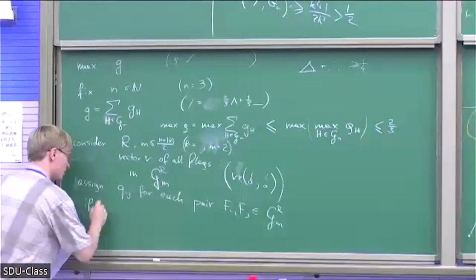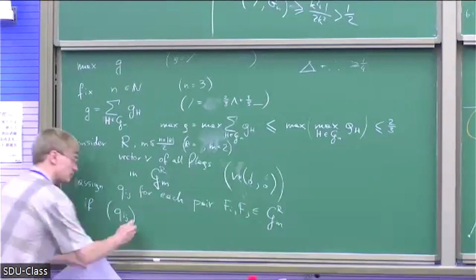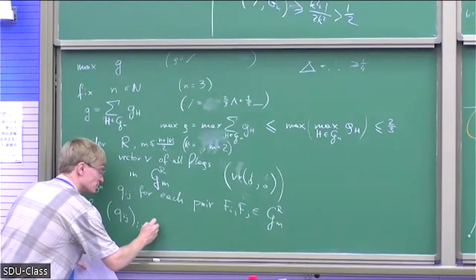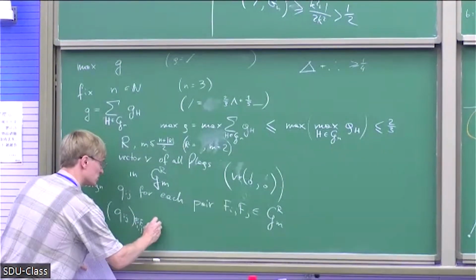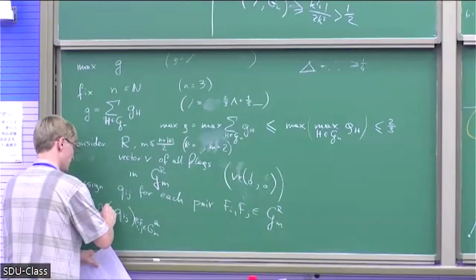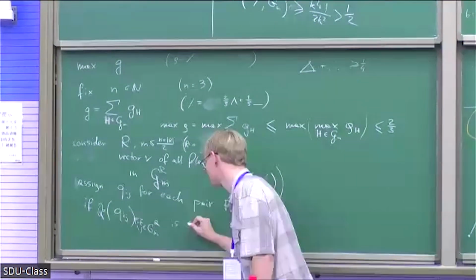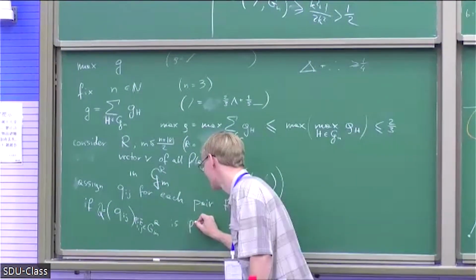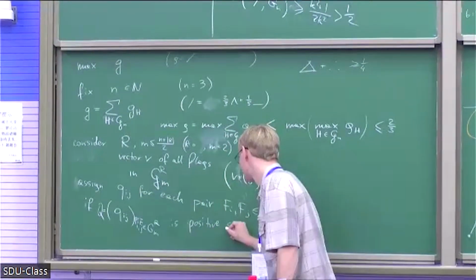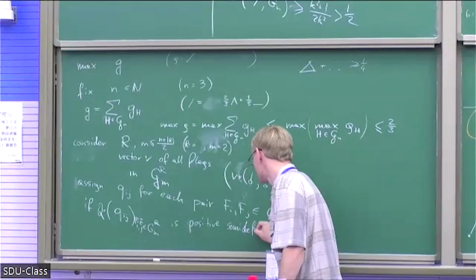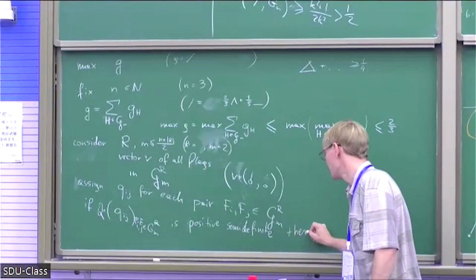Now, if this matrix over all ij, denoted by Q, is positive semi-definite, then we have the inequality that we want.